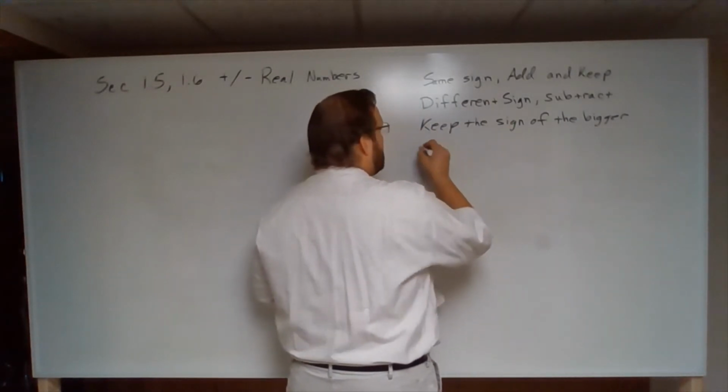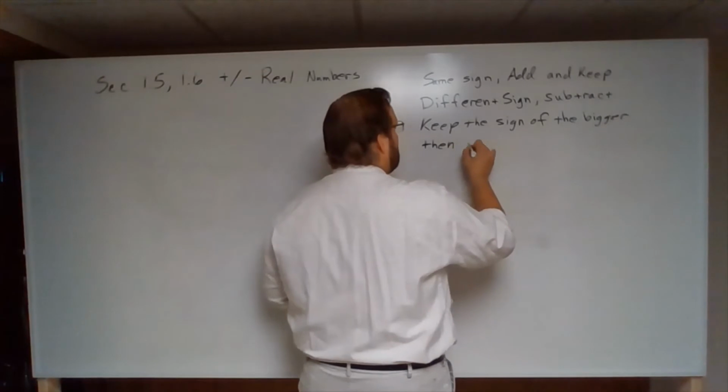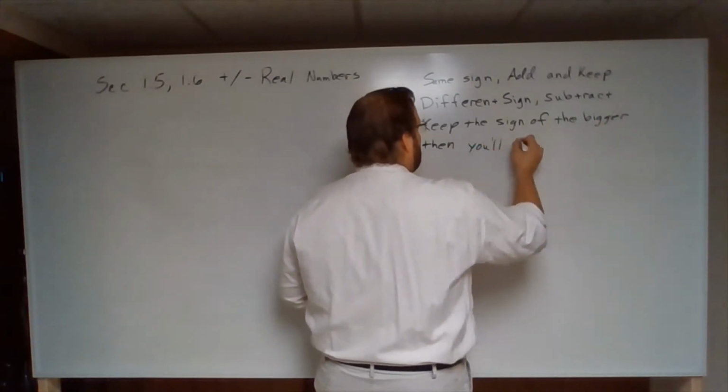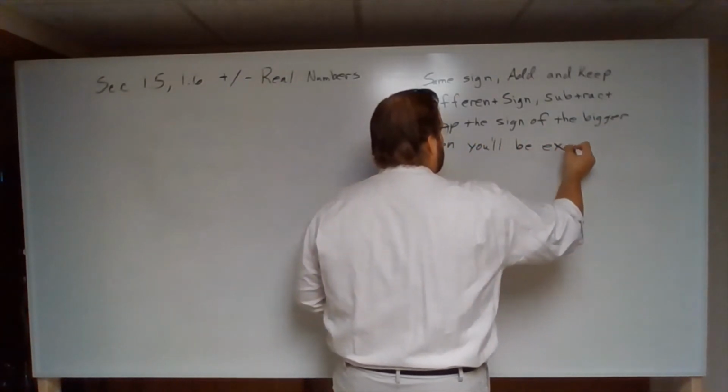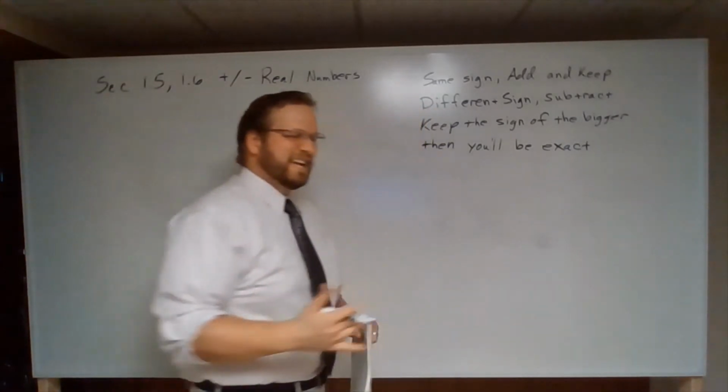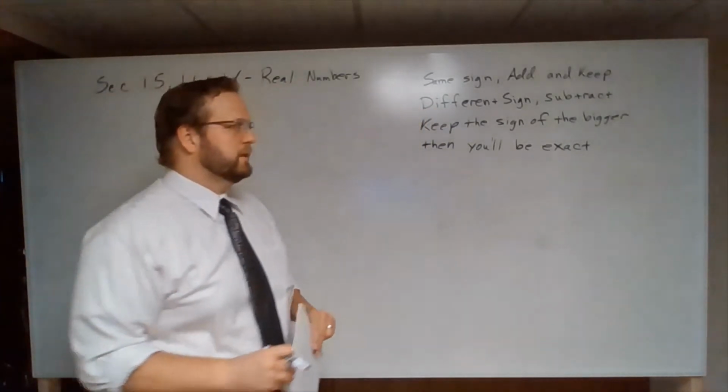Keep sign of the bigger number, then you'll be exact. Again, that last line is just to kind of help it rhyme at the very end to tie it together.